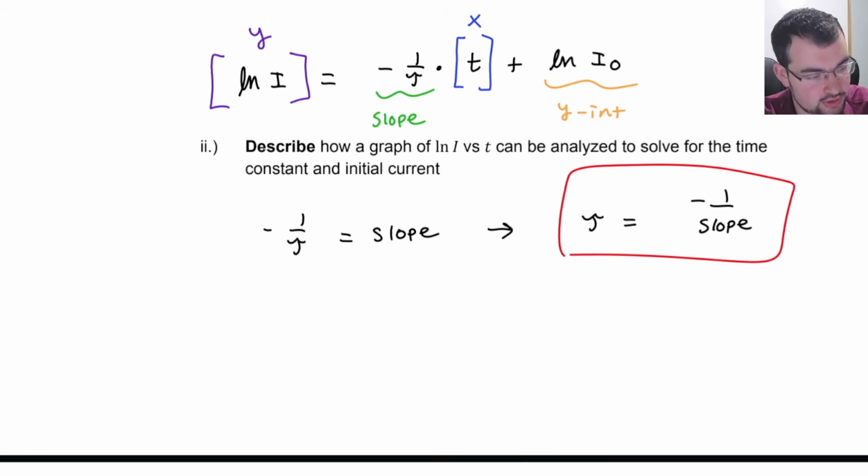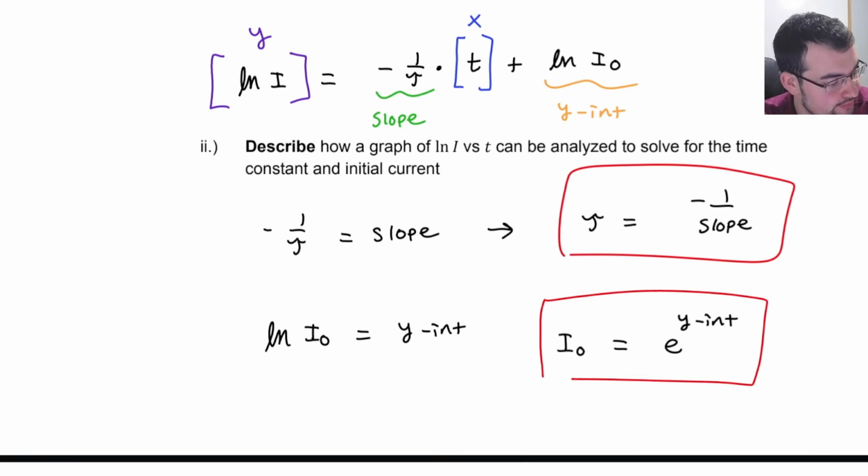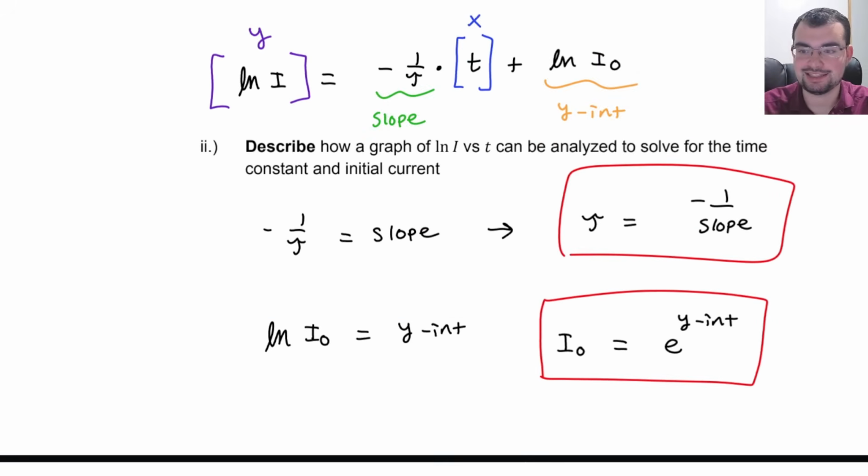Then we also just know that ln of I0 is the y-intercept. So for the regular value of I0, we'd have to undo the log from both sides. So we just raise e to the power of the y-intercept, which looks kind of odd, but it is the answer. All right, that's capacitance. Now that just leaves inductance.